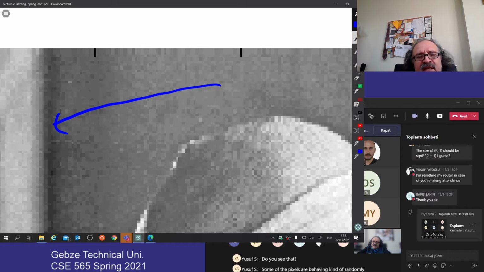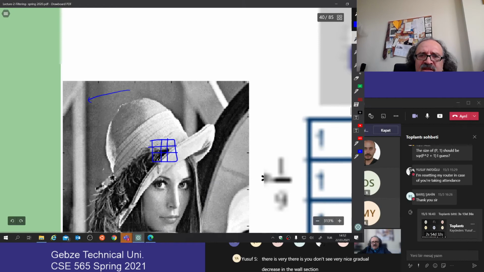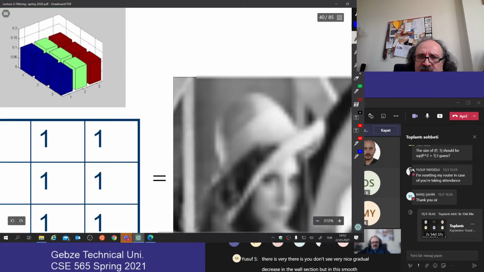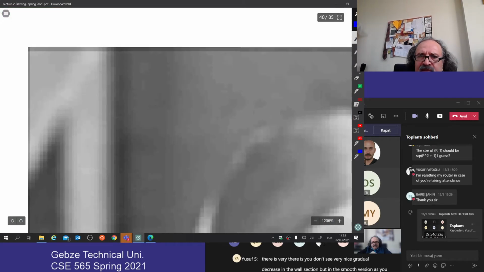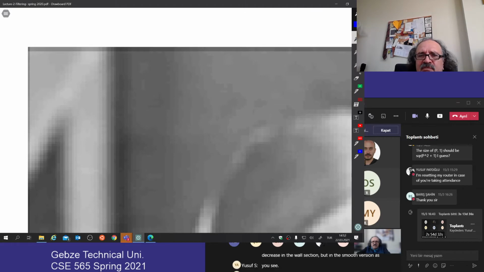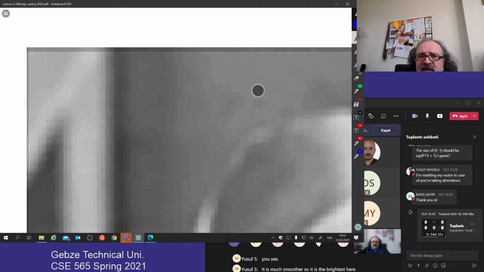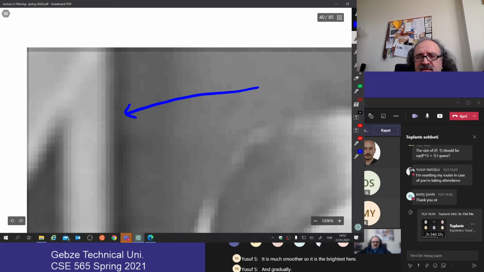You don't see a very nice gradual decrease in the wall section. But in the smoothed version, it is much smoother. It is the brightest here, and gradually it becomes darker. So I get rid of the noise.